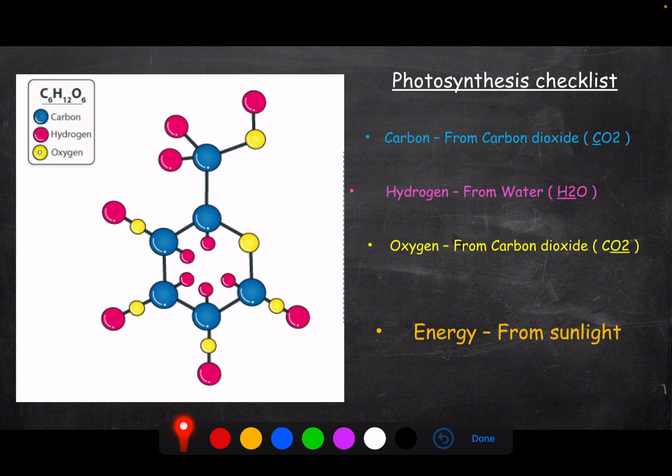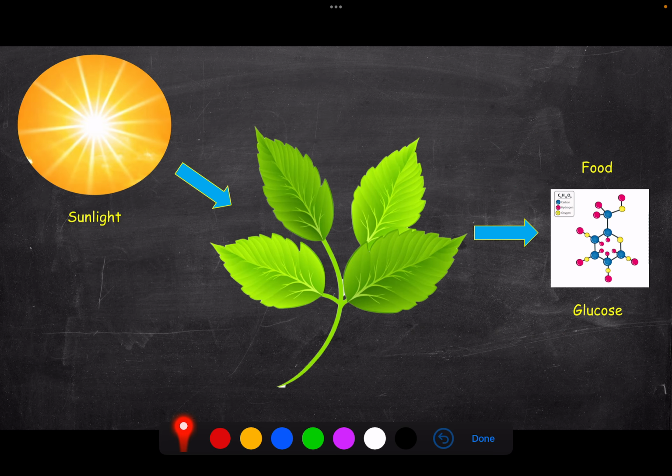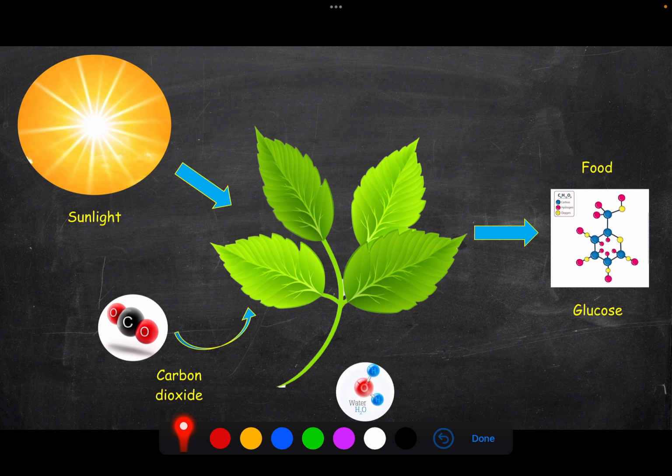So now that we know everything a plant needs, let's create the entire picture of the process of photosynthesis. So we have our sunlight. Now we need our carbon dioxide, which is absorbed through the leaves. We need our water, which is absorbed through the roots and taken up to the leaves.